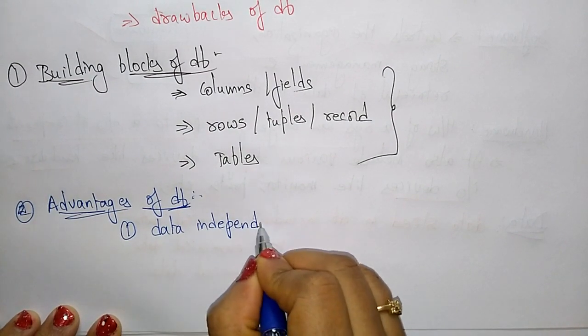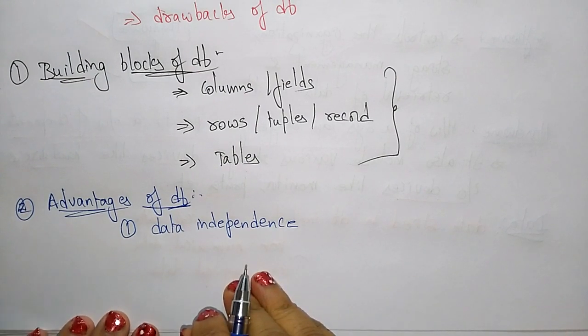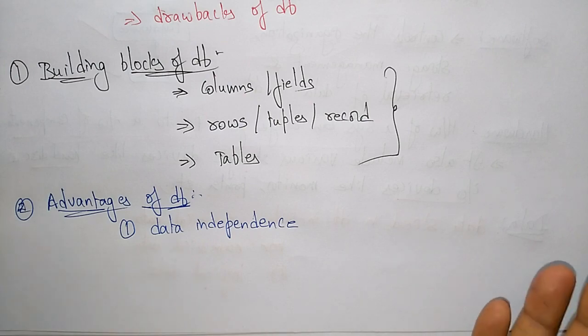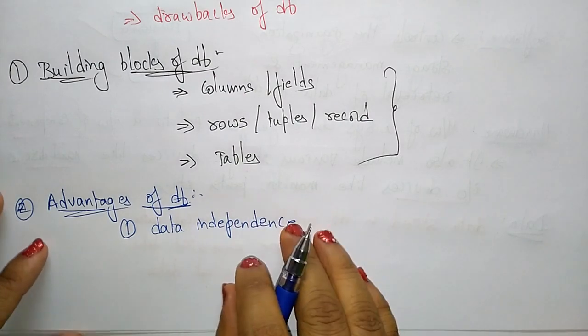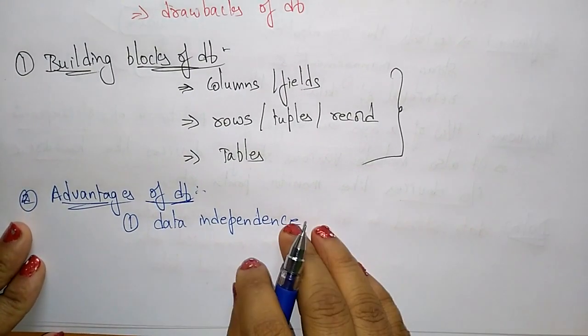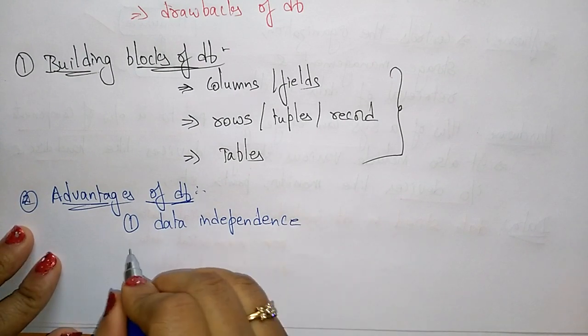So if you store the data in database, the first advantage here is the data is independent. So it is independent to one another. So the data will be stored in different tables. So one is independent to another. So here we can save the data and we can make each table independent to each other.